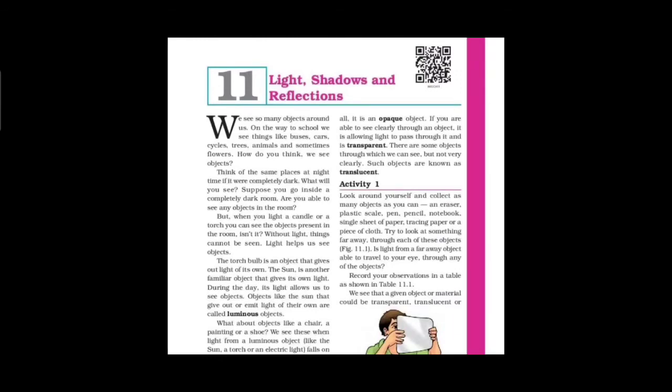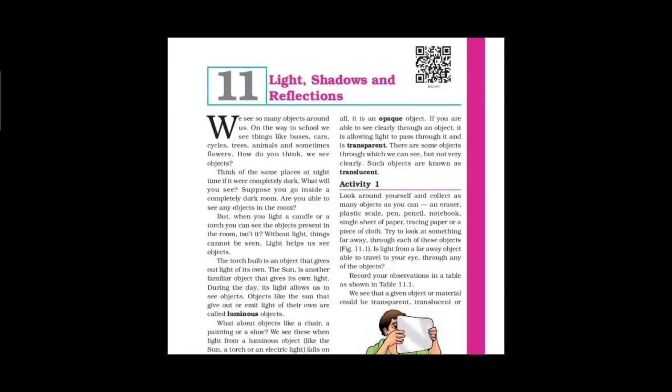Through the object, while we are seeing another object, if it is not visible to our eyes, it is called an opaque object. If you are able to see clearly through the object, it is allowing light to pass through it and it is called transparent. Okay.